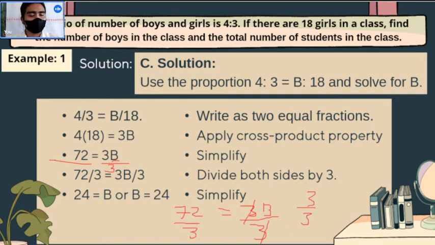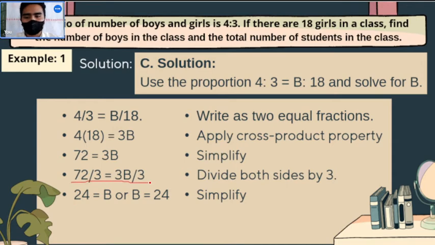Any number you divide by itself, the answer is 1. Alright, so we now have 72 over 3 is equal to b. That's the one that was left, isn't it? This is how we divide by 3 and cancel the 3.